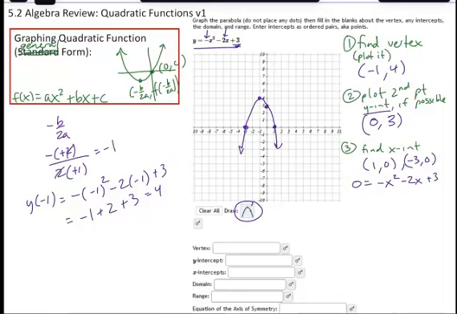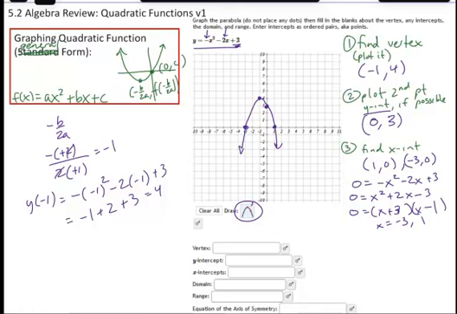Here I would multiply both sides by a negative 1 to get rid of my negative leading coefficient, changing the signs. And then I try solving by factoring. The two factors of negative 3 whose sum is positive 2 are positive 3 and negative 1, which gives me negative 3 and positive 1. I'd get my same values even if I had to solve by factoring.